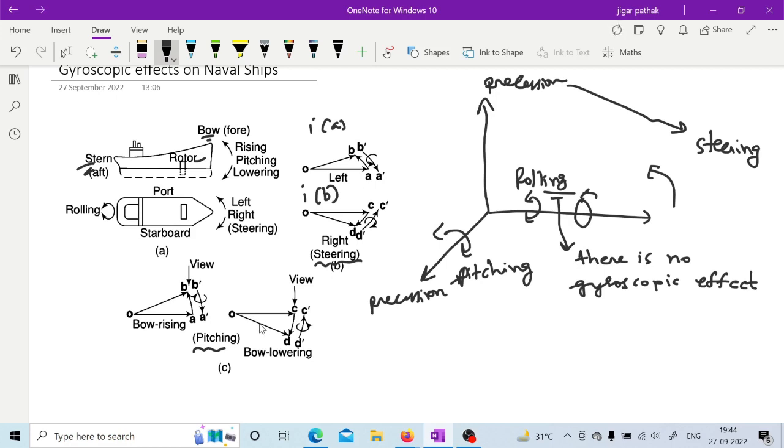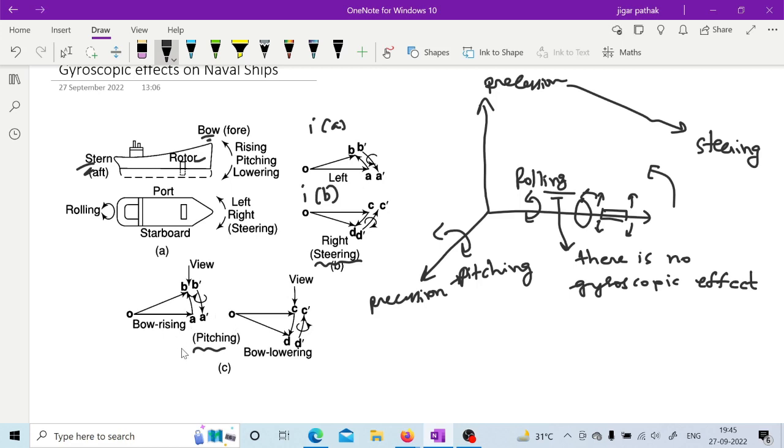Okay, and similarly for pitching also, if you see what is going to happen. Here in pitching, if you are viewing from this direction, when the bow is rising, as I have told you, the ship will rotate about this axis, means it will go up and down like this, on both sides, right?